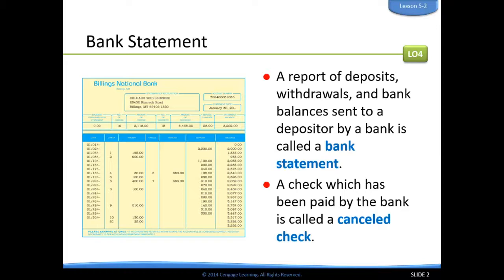Notice right here that there's a service charge. Unless you carry a very large balance or you have something like a student account, you probably are going to get charged some kind of bank charge. So you need to watch that too, and pay attention to how much gets pulled out per month.